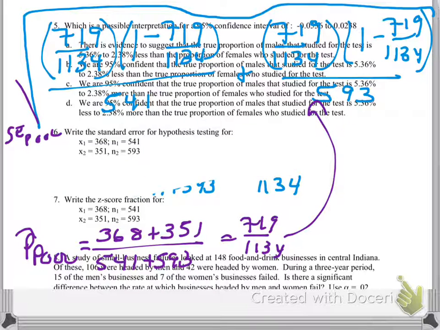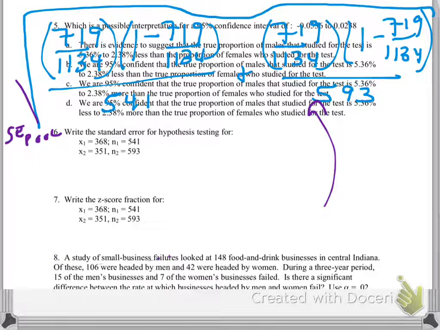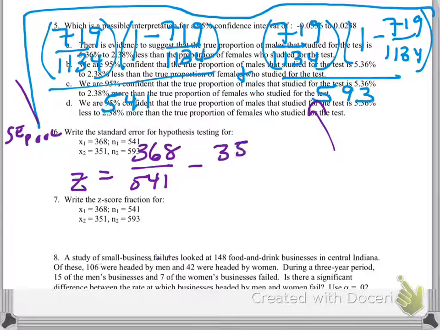All right, so now let's go do the fraction here. I'm sorry, I thought I could do this on the calculator. So let's just do this. Remember, Z is equal to P hat 1, 368 divided by 541, minus P hat 2, 351 divided by 593.